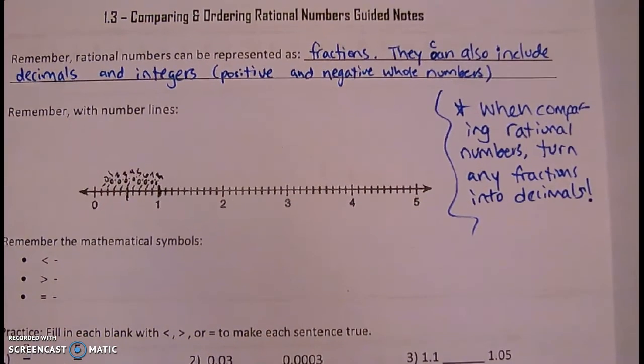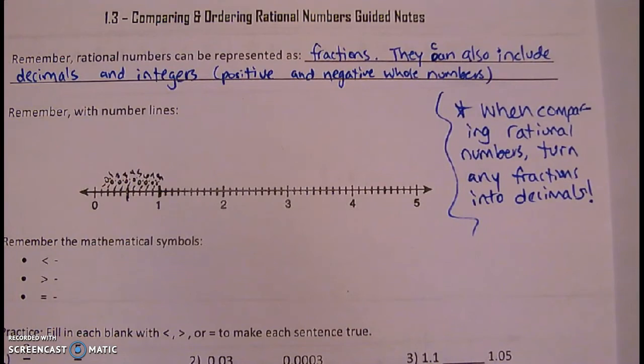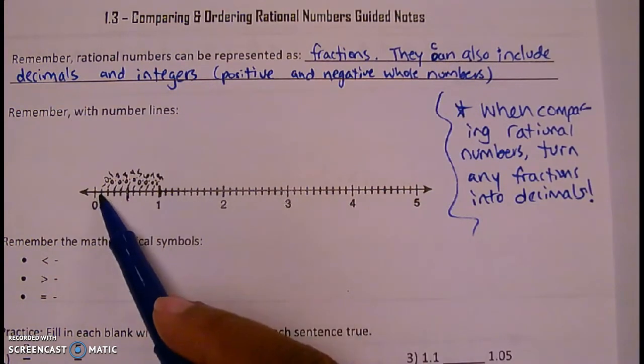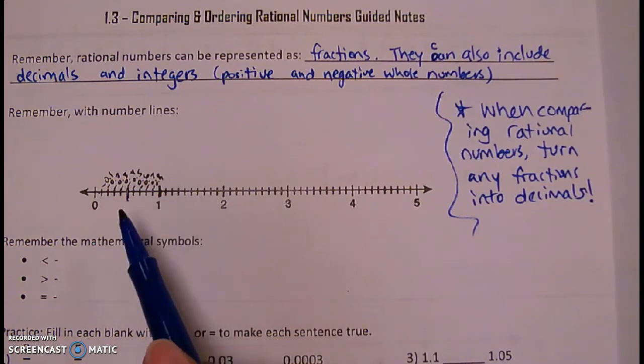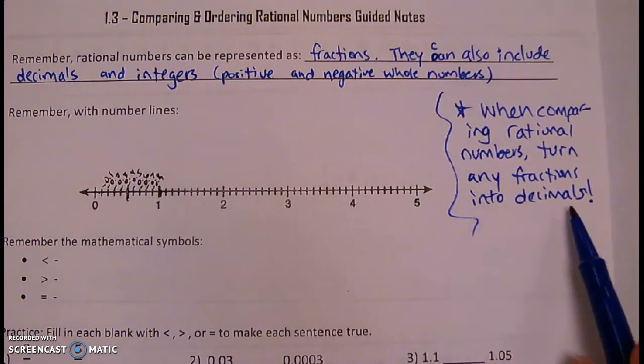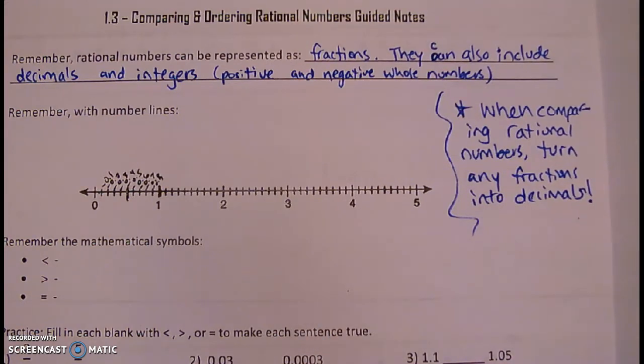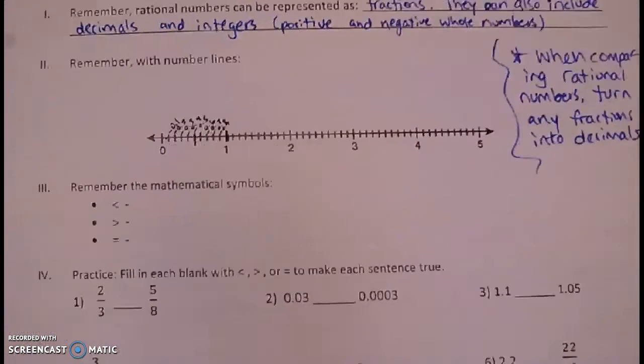Okay? When you're comparing rational numbers, I want you to turn any fractions into decimals. The reason why I want you to do that is so that when it comes to lining up and figuring out which particular number is greater or less than the other, you need to have that in decimal format because it'll make it a lot easier for you to be able to see that.